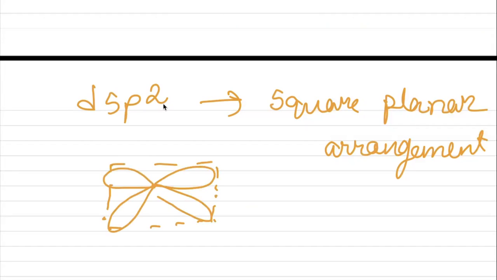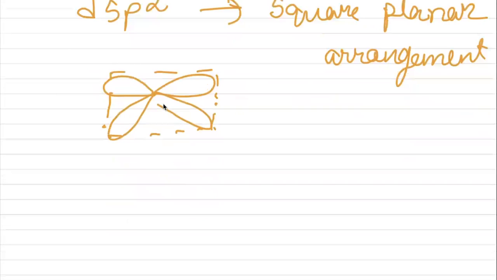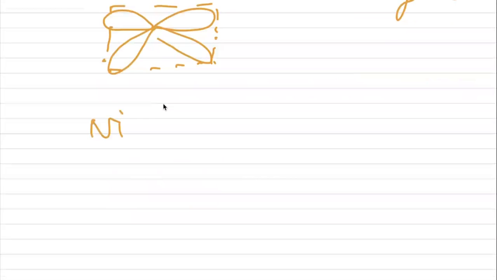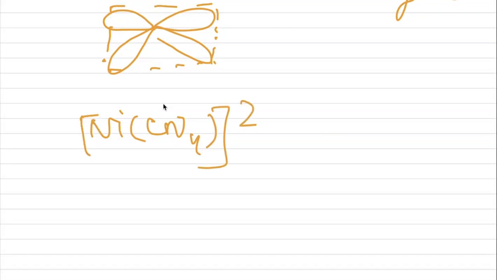Let's see the geometry of the nickel cyanide complex ion. Nickel has the configuration like this.